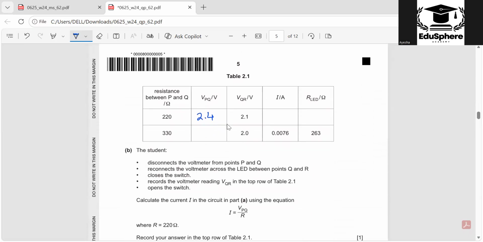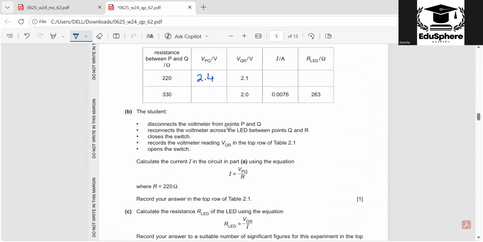Now calculate the current in the circuit using the equation I equals VPQ divided by R. VPQ we have already, 2.4. The resistance between P and Q is given as 220.